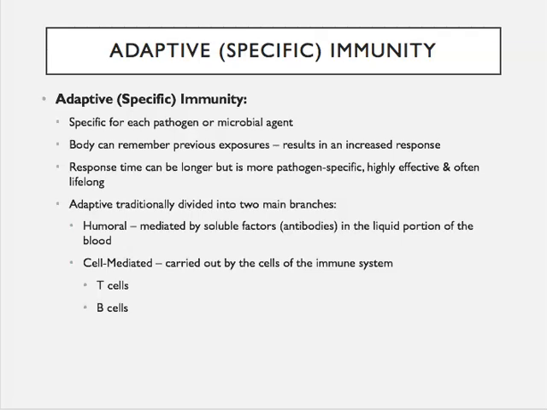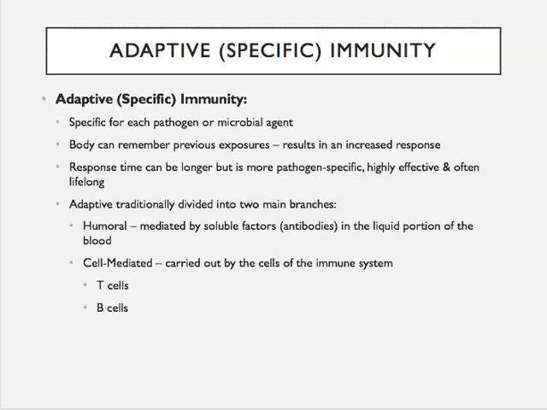It has learned that pathogen, and so now if it's exposed to it again, it can respond much more specifically. So this is pathogen specific, highly effective, often lifelong. So once you've produced these antibodies that are made to respond to a specific pathogen, those antibodies are usually there for the rest of your life.